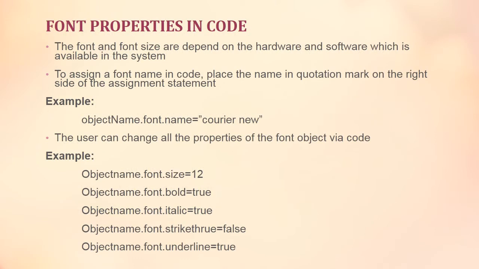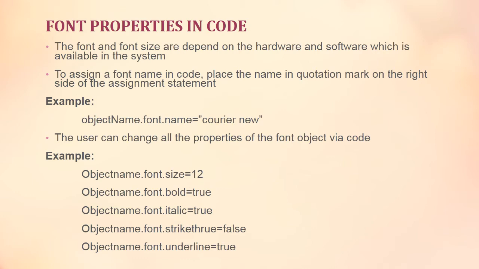Font properties. During design time, we used to set the font property for any object using the property window. Even in the coding, we can set the font property of any object which we have in the form. Here we have some examples. Object name dot Font dot Name equal to, and towards the right side of the assignment operator, we have the type of the font which we want to set to the object.